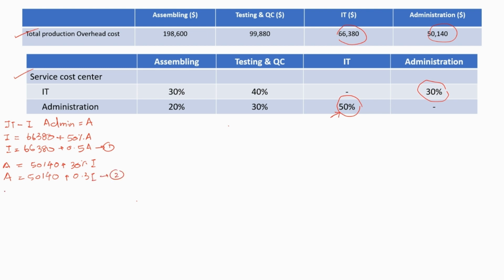Now we can solve these two simultaneous equations in order to find the values for I and A. So what I am going to do is I am going to multiply the second equation by 0.5.